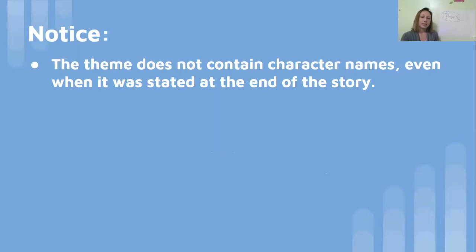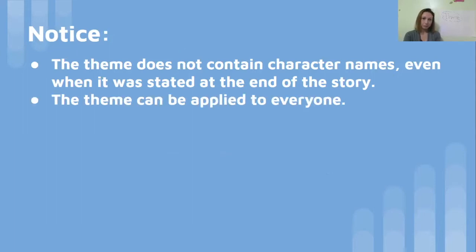It did not say grasshoppers need to be prepared or ants need to be prepared. It said it is better or best to prepare for times of need. And that theme can be applied to everyone. We can say that everyone should prepare for times of need.